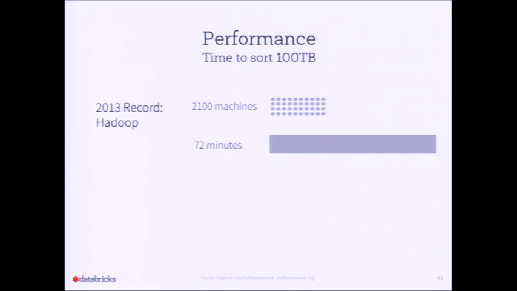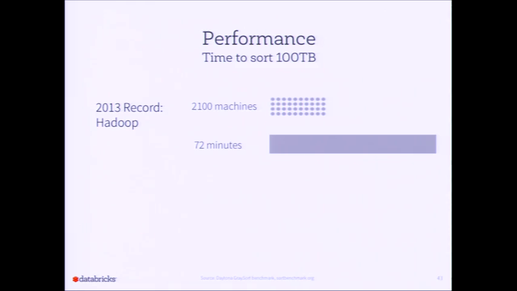So last year, I was kind of bored. Of course, that's not the case. I was trying to demonstrate the performance of Spark, and I was looking for a benchmark to beat. Somebody suggested, why don't you try to run the sort benchmark and see how fast you can sort.